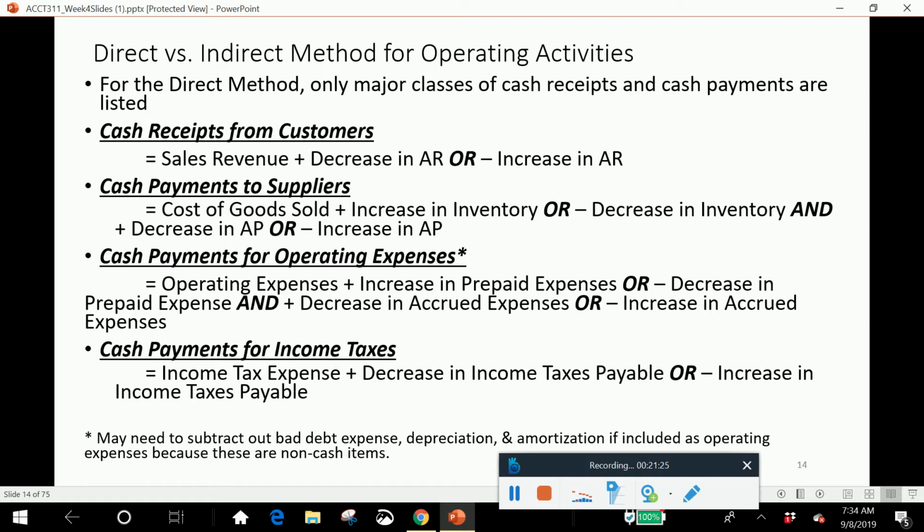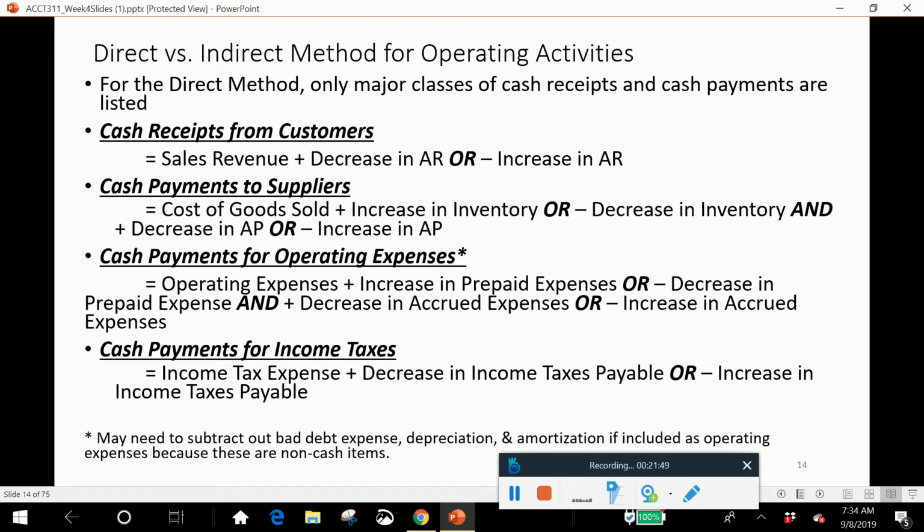Okay, so now let's actually take a look at how we calculate the components of net cash flows from operating activities if we were to use the direct method. Okay, so under the direct method, we're only going to show our major classes of cash receipts and cash payments.